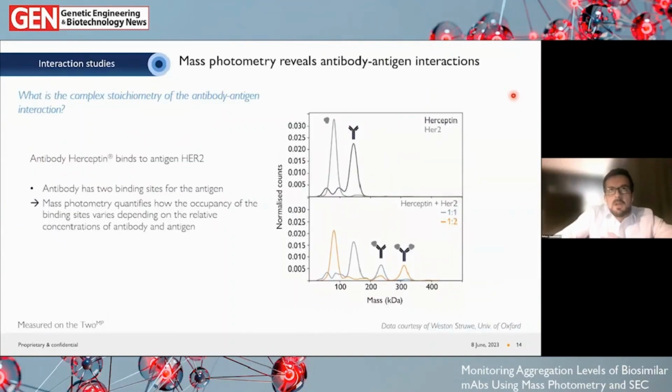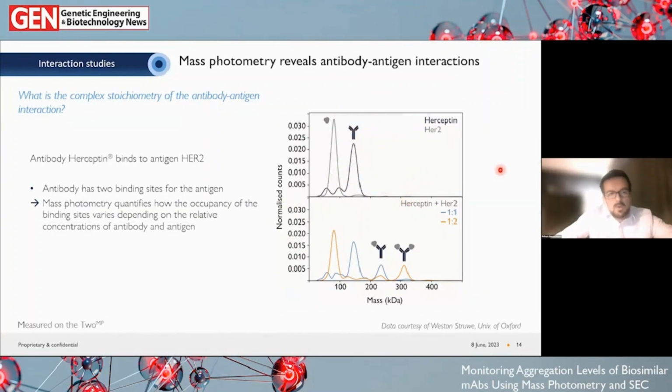We can also look at interactions, as I mentioned earlier. Here we have a classic antibody-antigen interaction study looking at Herceptin and its antigen, human epidermal growth factor 2 receptor. If we look at the top panel, these are individual separate measurements of just the antigen alone, and then just of the antibody itself, Herceptin, which is a monoclonal antibody.